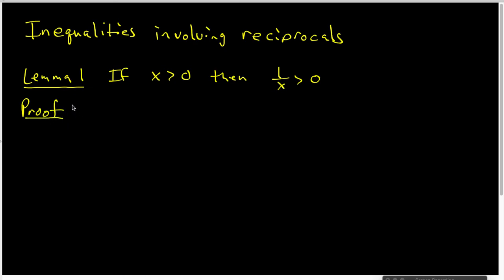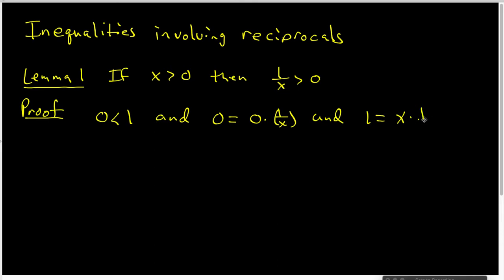I'm going to start by writing down what I know. We know that 0 is less than 1, and we know that 0 is equal to 0 times 1 over x, and we know that 1 is equal to x times 1 over x. We also know from the hypothesis up here that x itself is bigger than 0.